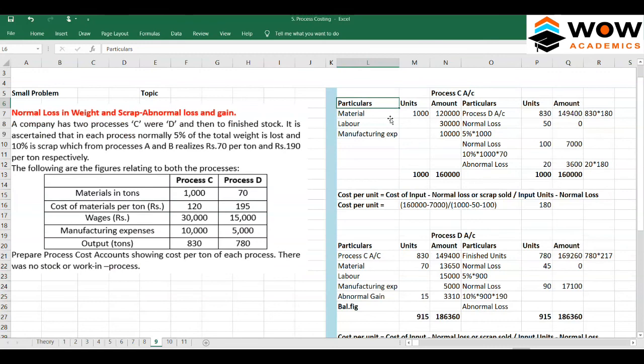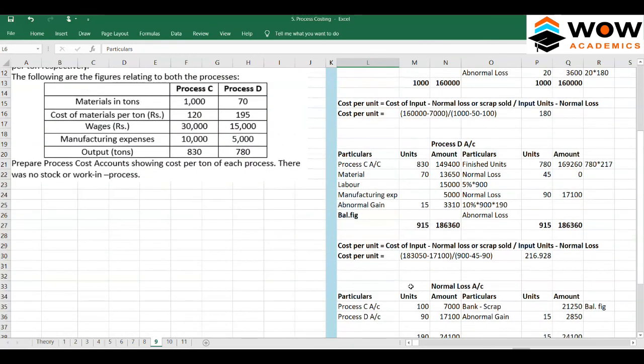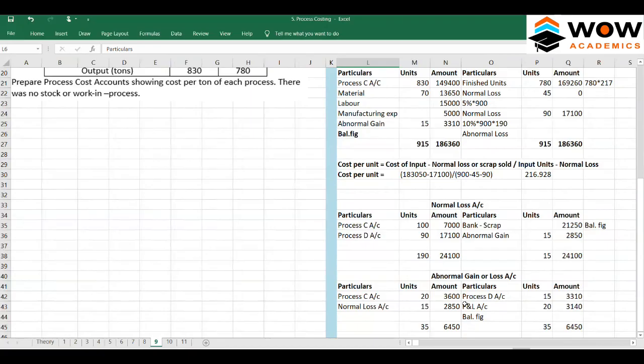We have done the process C account, process D account, the normal loss account, and the abnormal gain or loss account.